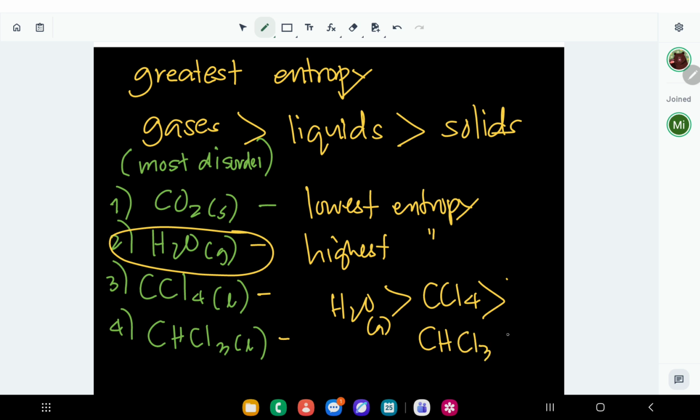But the highest here is the gas and the lowest is CO2, carbon dioxide. Carbon tetrachloride is not even in the table. Okay, so that is the order.